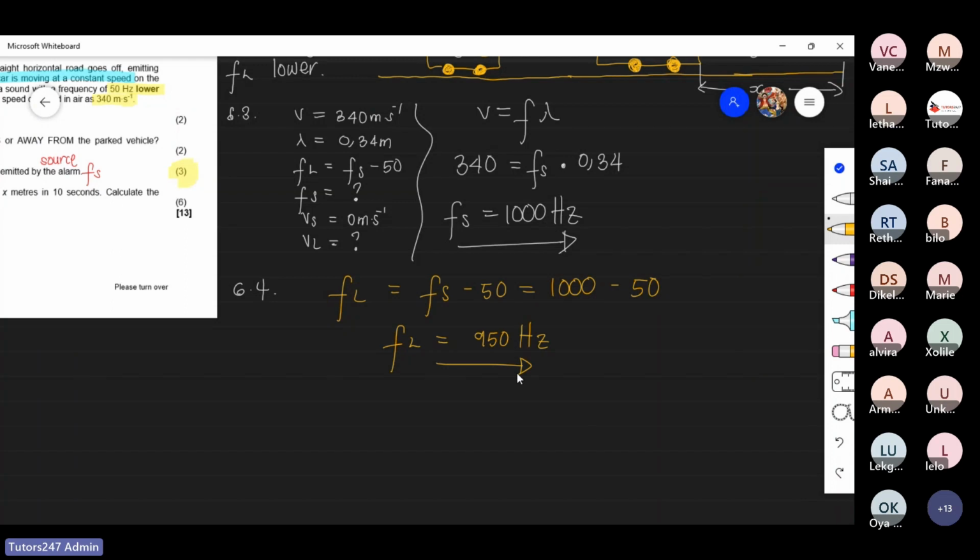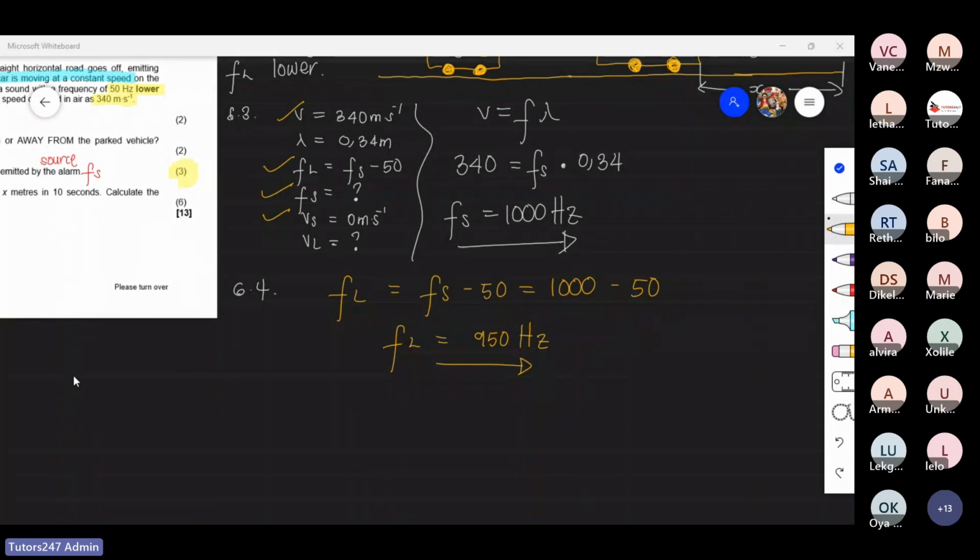Okay. So we have speed of sound in air, we have FL, we have FS, we have VS. So our only unknown is now VL. So it is now possible for us to calculate velocity using the equation that we are used to, the whole long equation whereby we have plus or minus.